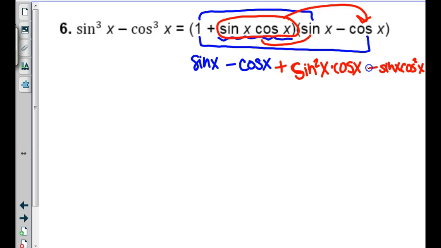Okay. Do those just undo each other? No? This is a mess. Any ideas? But this is a sine squared cosine, and this is a sine cosine squared.